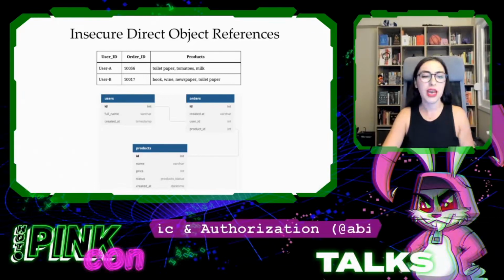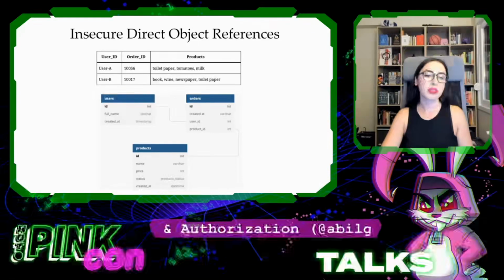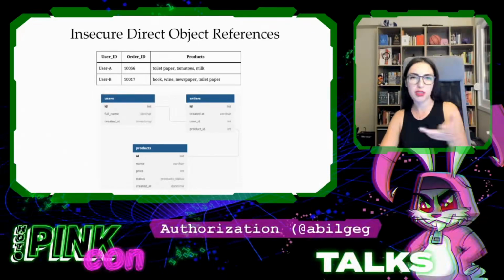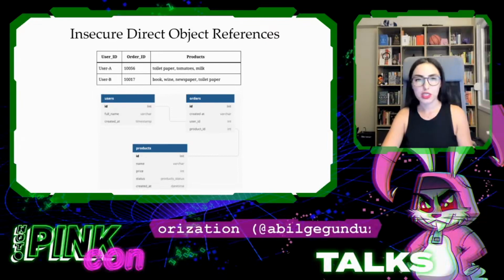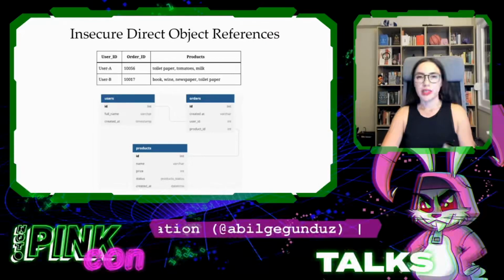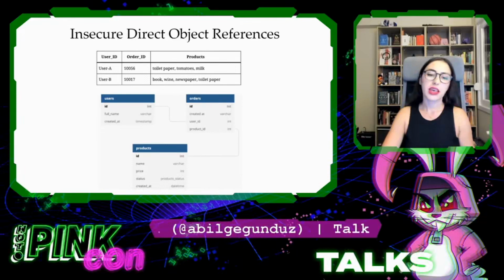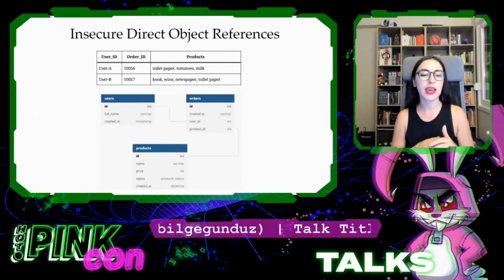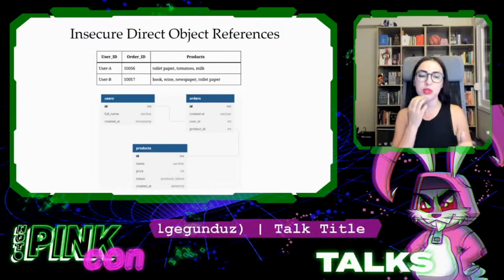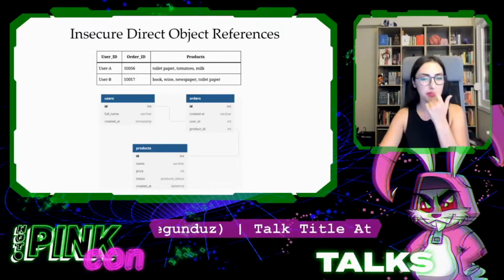For example, we have a users table. There's a user ID and a full name, for example. Then we have an orders table in our database schema. There's also an ID for orders, and it has a relation with user ID and with products as well. And we also have a products table.